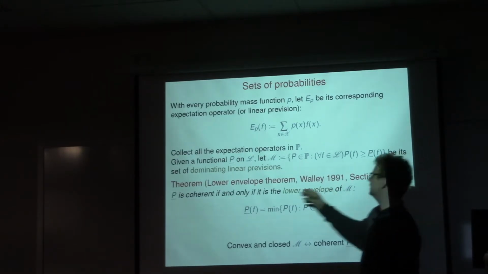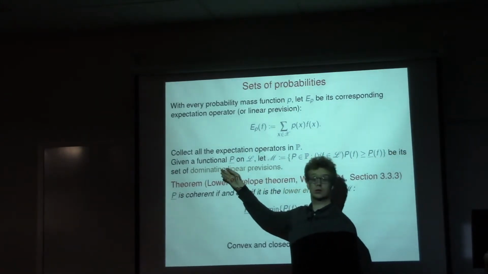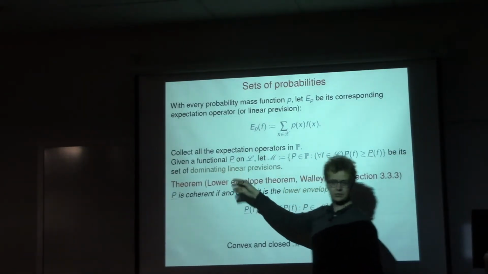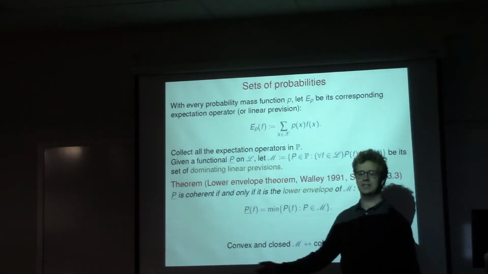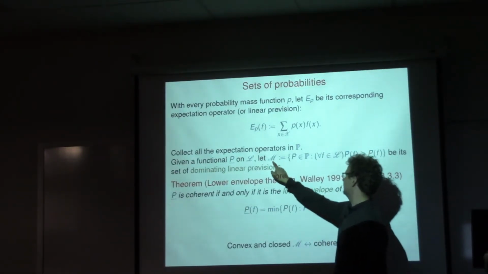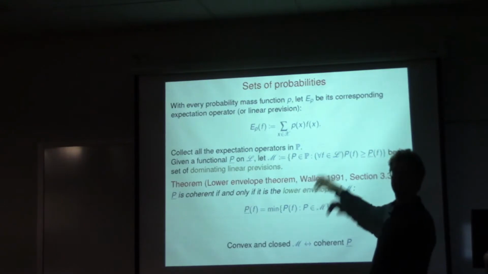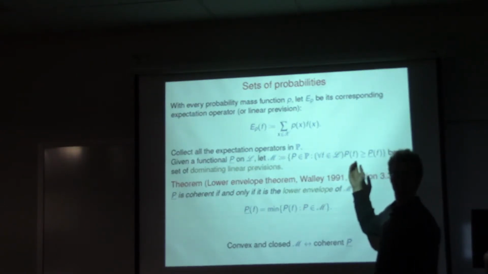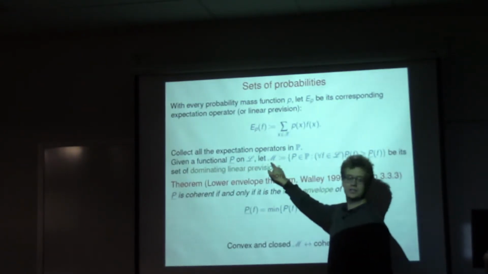So this says I have a coherent lower prevision, a lower bound for my expectation operators. I take this set M of all its dominating linear previsions. That's actually a closed and convex set.